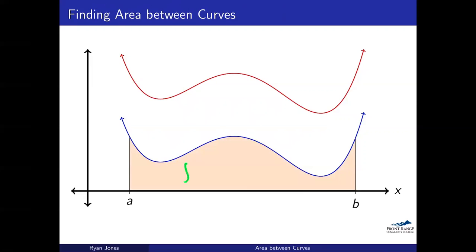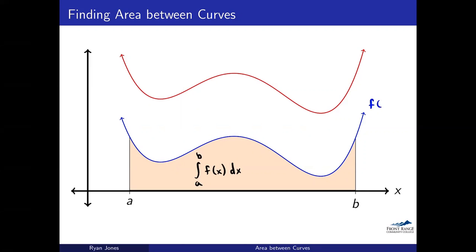This area would be the integral from a to b of my function, let's call it f, dx. We've seen that definite integrals represent the area underneath a curve between two points, so we've got a formula right there.